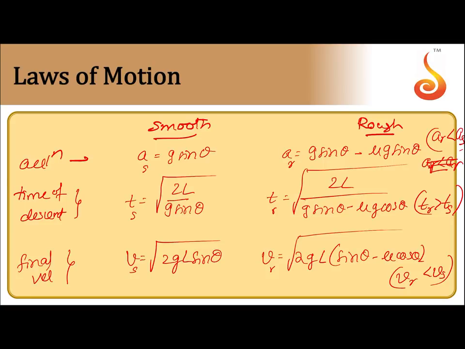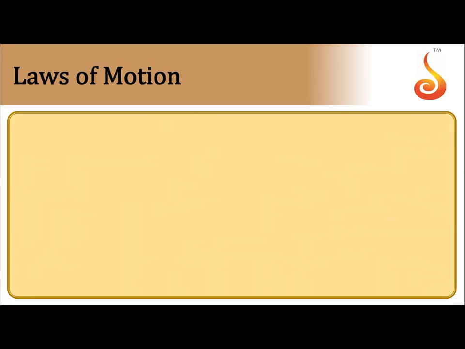What if I consider motion of an object, or say motion of connected bodies on rough surface? Let us take up this last part. Motion of connected bodies on rough surface.